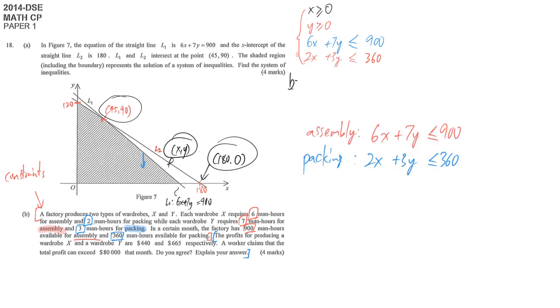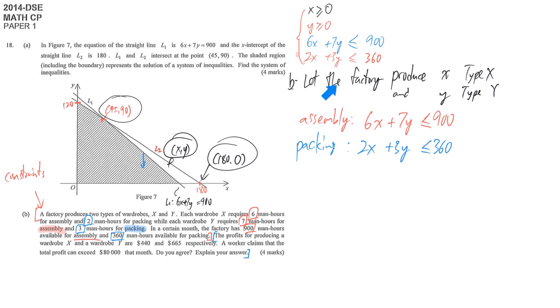So the key point is, if you just read sentence by sentence, it's difficult to understand. We should separate assembly and packing, and then find the relevant information from each sentence. And a very important thing is that no one knows what X and Y are, so you better write it down. Let the factory produce X units of type X and Y units of type Y. And then we write down the constraints here.